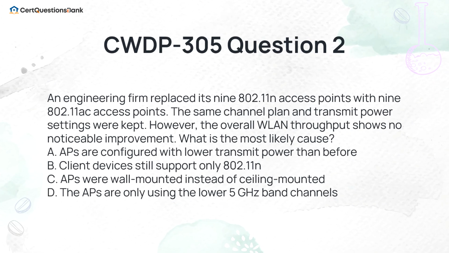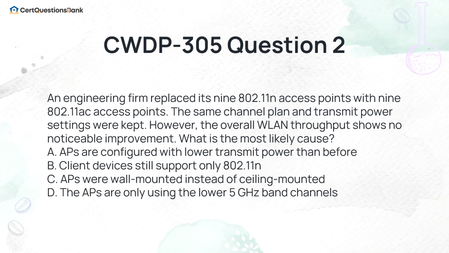An engineering firm replaced its 802.11n access points with 802.11ac access points. The same channel plan and transmit power settings were kept. However, the overall WLAN throughput shows no noticeable improvement. What is the most likely cause?